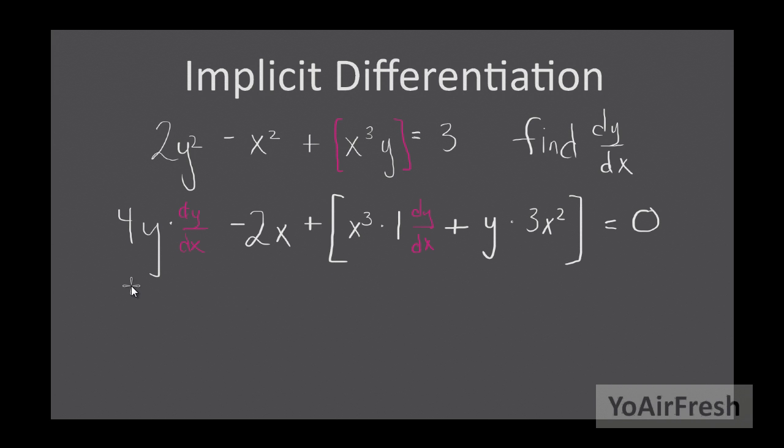I'm going to simplify these parentheses first, so I'll rewrite the whole problem so nobody gets confused. 4y dy dx minus 2x, and the first term in the parentheses, so we've got plus x cubed times 1 dy dx, and that simplifies to x cubed dy dx.